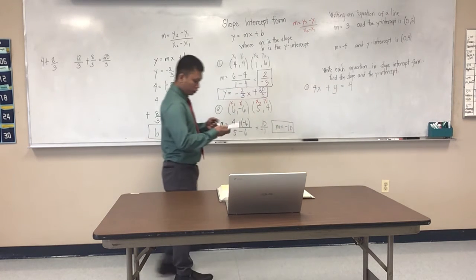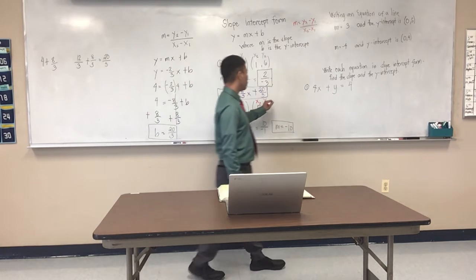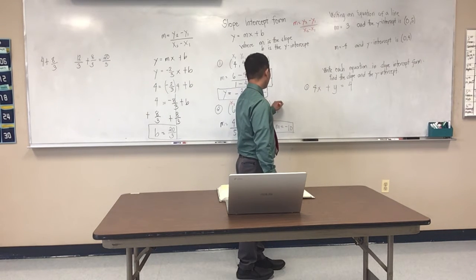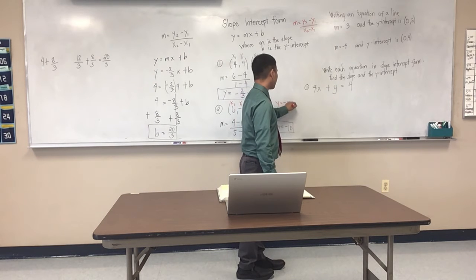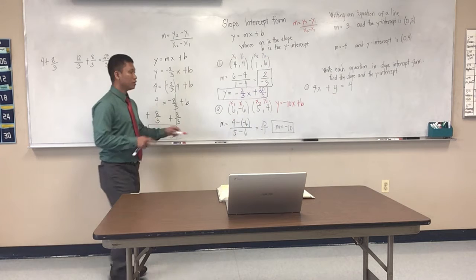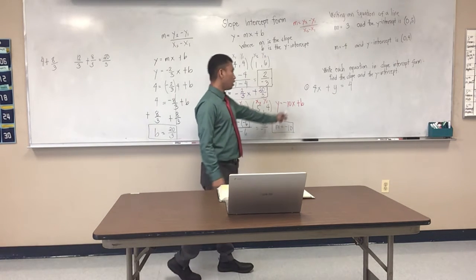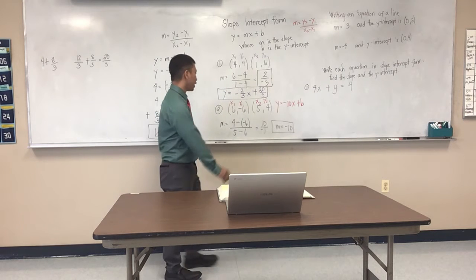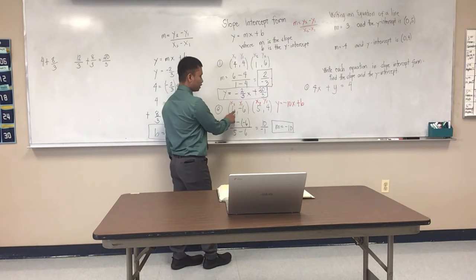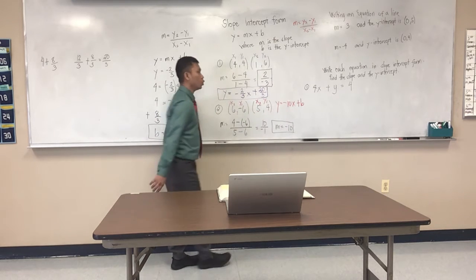Using the slope-intercept form, we can say that we have our equation y equals negative 10x plus b. So we need to identify now what would be our b. We can use any of these points, (6, -6) or (5, 4).